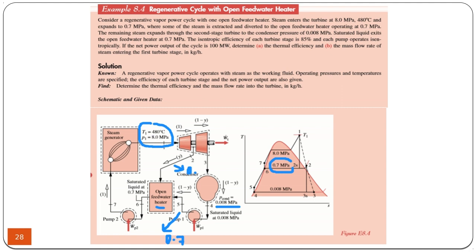Then as they are mixed inside here, they are pumped to the boiler pressure, which is 8 megapascals. So we have three different pressures: the condenser pressure, the boiler pressure, and the intermediate pressure, which is equal to the open water heater pressure.